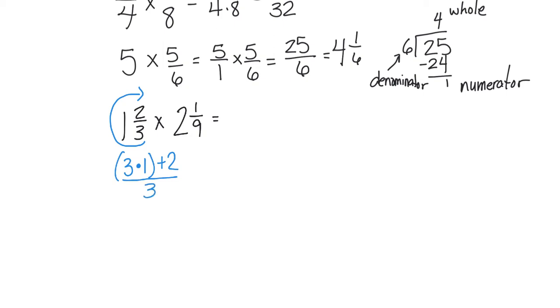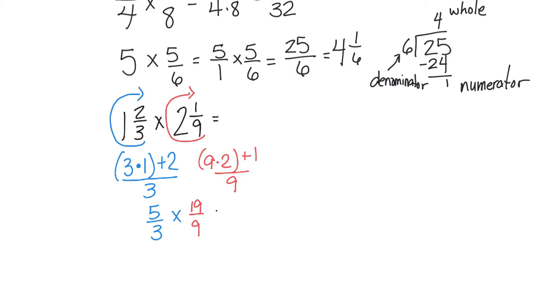So 1 and 2/3 will change to 5 over 3. And when you do 2 and 1/9 using the backwards C method, you're going to say 9 times 2 and then add 1 and place it over 9. So here your answer would be 19 over 9.